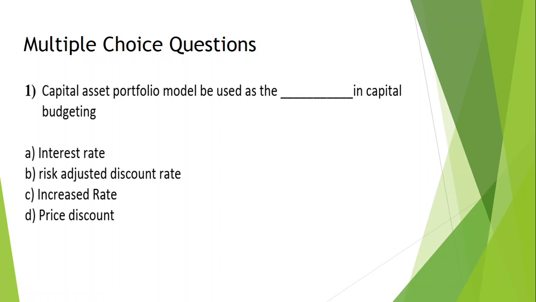Option B, risk adjusted discount rate. Option C, increased rate. Option D, price discount. Any guessing answer for this particular fill in the blank? The answer is option B, risk adjusted discount rate.